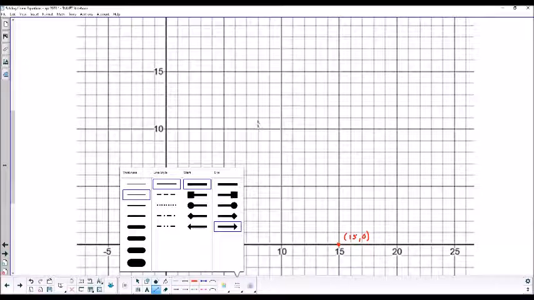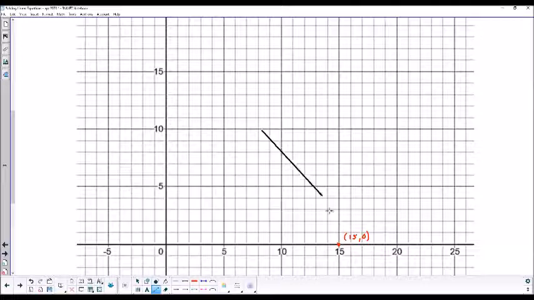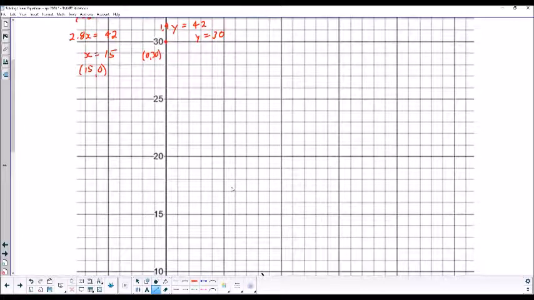I'm going to have to estimate this again a little bit. So it's going to go through here like that, and I didn't quite get it, but it's going to be going like this, more or less.